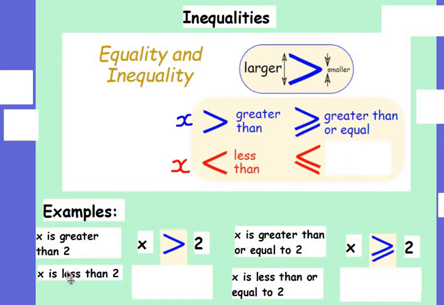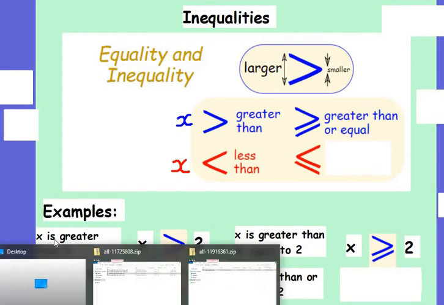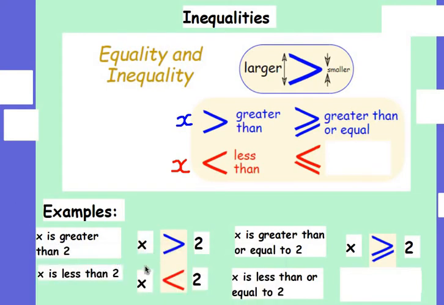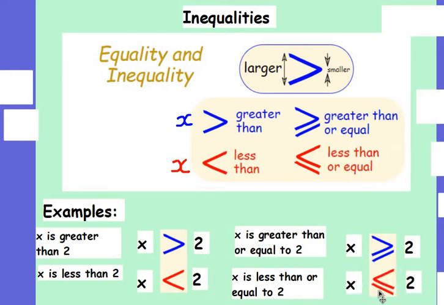If I wanted to say x was less than 2, I would write it like this, and this tells me x could be 1, 0, -1, any number that is less than 2. The final inequality was this one, less than or equal to. If I wanted to write x is less than or equal to 2, I would write it like so, and that means x could be 2, 1, 0, -1, etc.